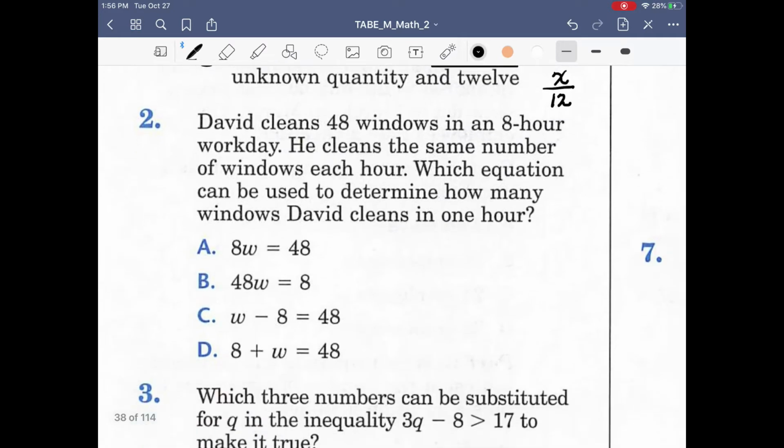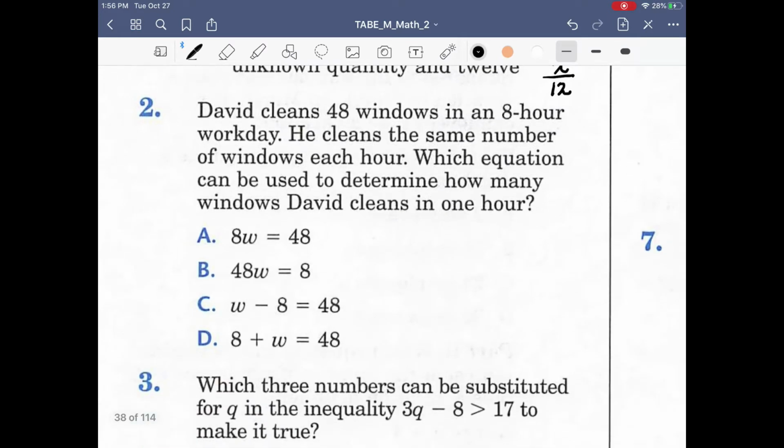Number 2. David cleans 48 windows in an 8-hour workday. He cleans the same number of windows each hour. Which equation can be used to determine how many windows David cleans in 1 hour?